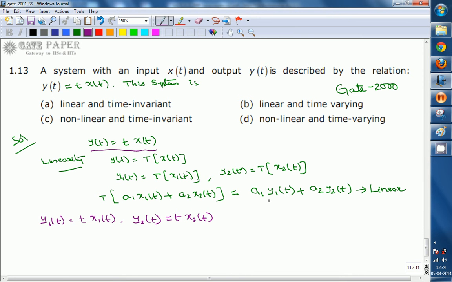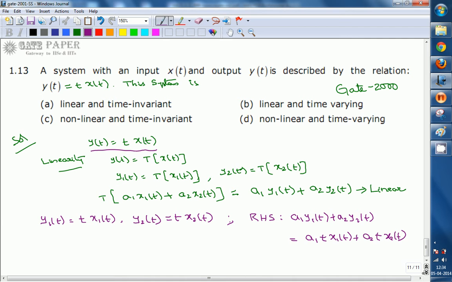Now I am going to find the right-hand side term, RHS, that is a1·y1(t) + a2·y2(t), which equals a1·t·x1(t) + a2·t·x2(t). So this is the RHS.